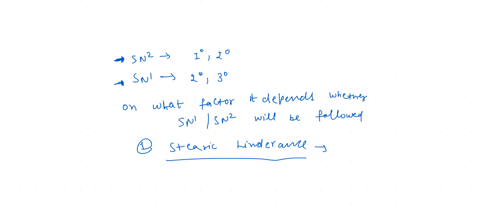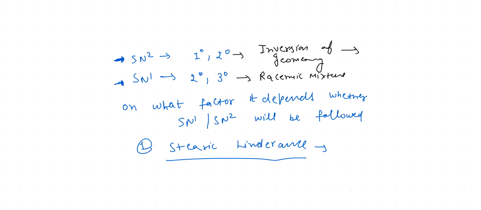I will write here. SN2: in this, there is inversion of geometry. And in SN1, there is formation of a racemic mixture.